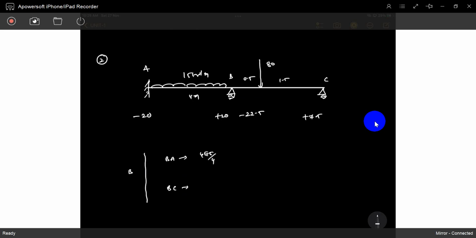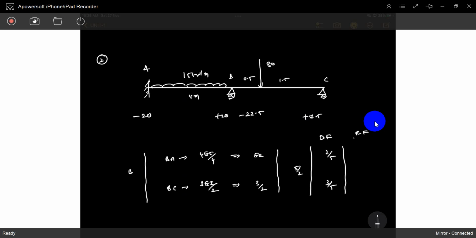BC is a hinge end, so it will come 3EI by 4. So total is what? Total you will get 1 plus 3 by 2, 5 by 2. That's it. It's 2 by 5 and 3 by 5. These are the distribution factors.